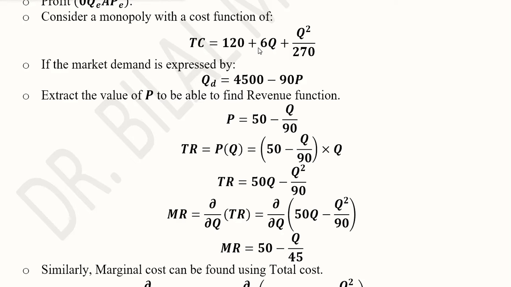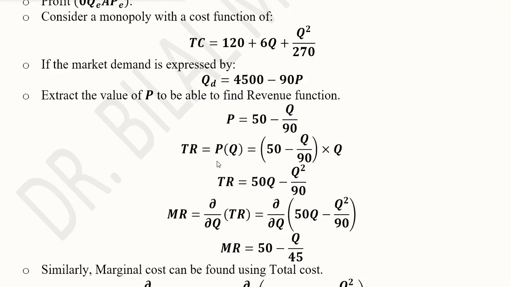So the total cost function is already in terms of output. We have to transform the total revenue function into the marginal revenue function. For that, we developed the price function in terms of Q, which is the inverse demand function. We developed it from this equation simply by extracting the value of P. And then we multiplied this P function with Q so that it becomes total revenue.